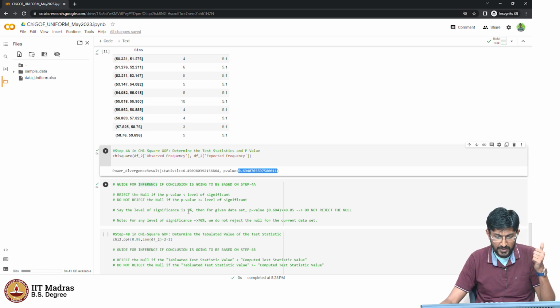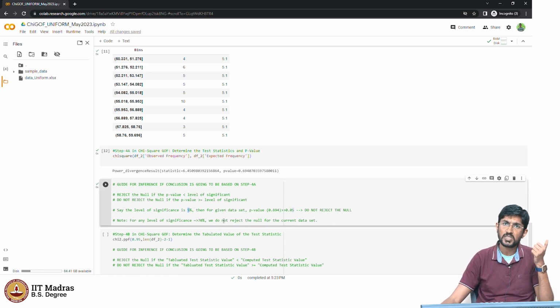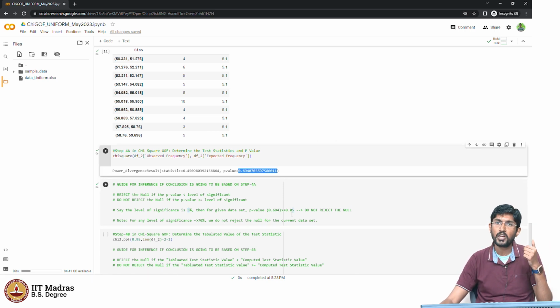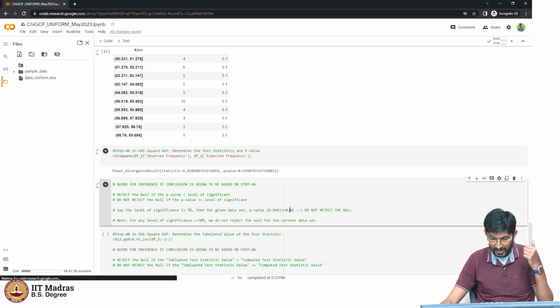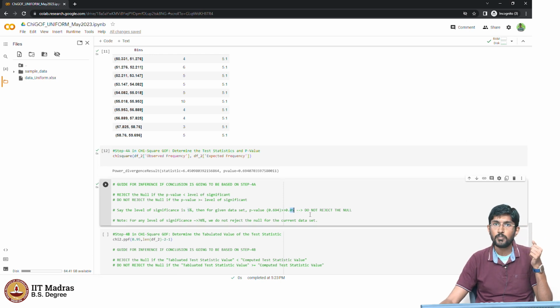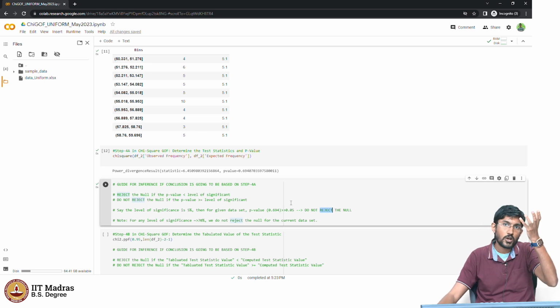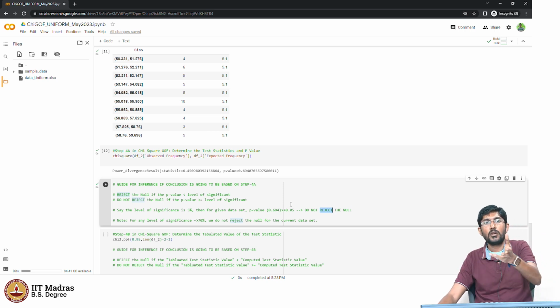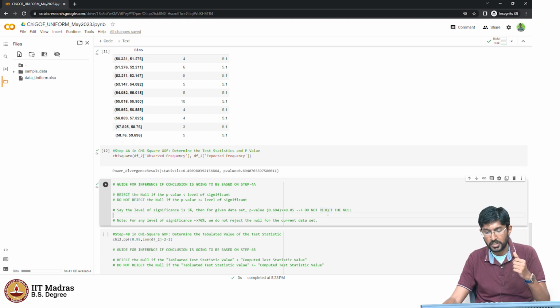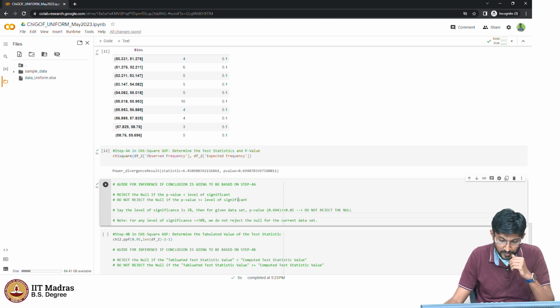So in our case, let's take an alpha of 5%, which is 0.05, and since this value of 0.694 is greater than, in fact very much greater than 0.05, I would conclude do not reject the null hypothesis, which means I would say that the population is indeed following a uniform distribution, because I have got a sample that is telling me not to reject the null hypothesis, right? So that would be the conclusion.